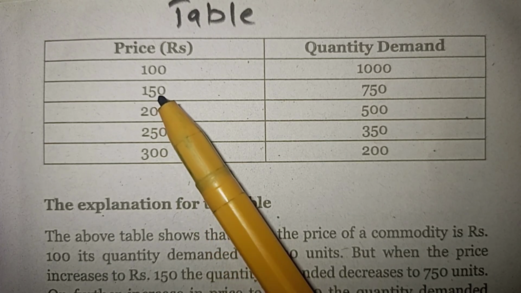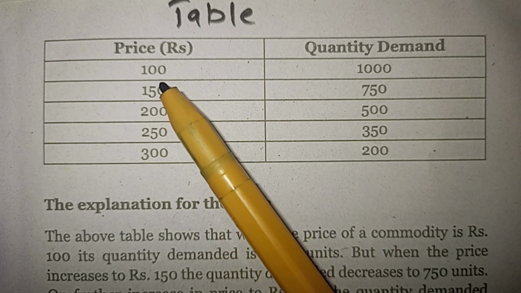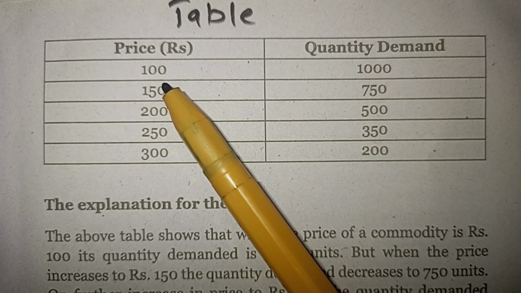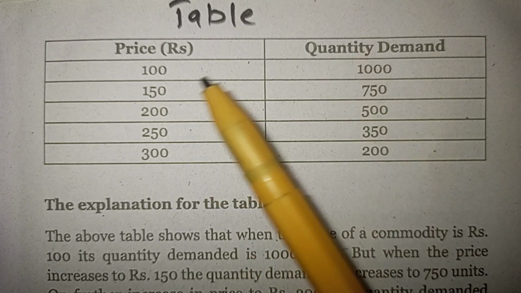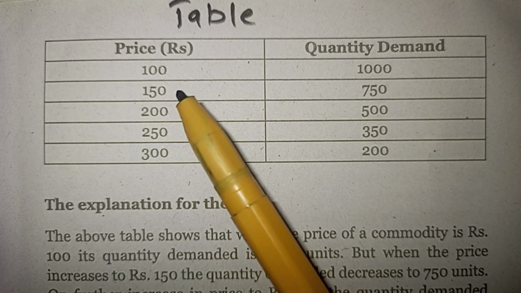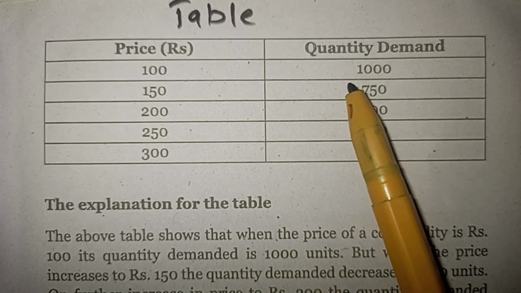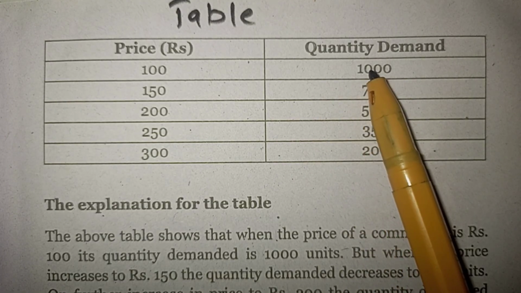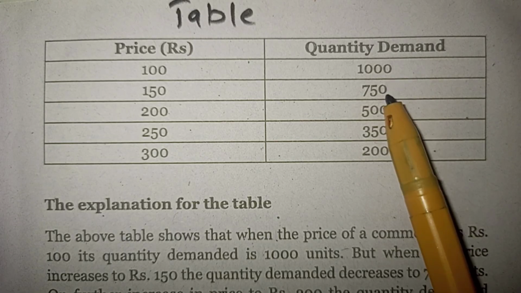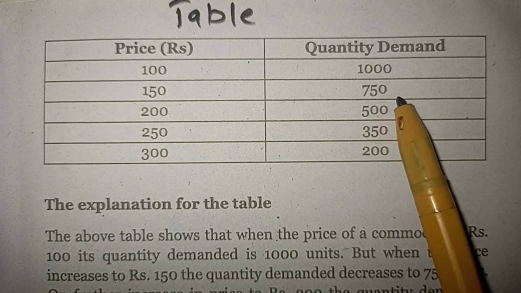If the price increases from 100 to 150 rupees, it will adversely affect demand, and demand will decrease from 1000 to 750 kgs.